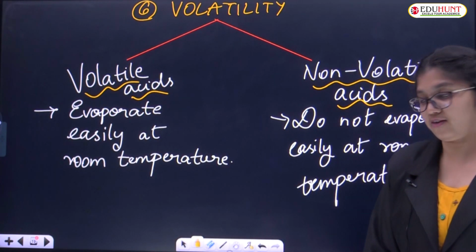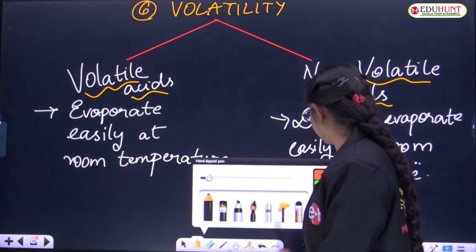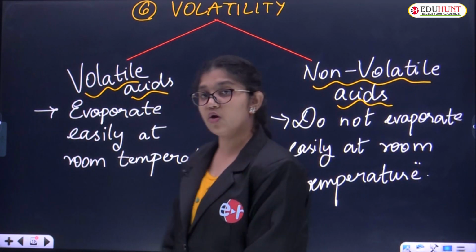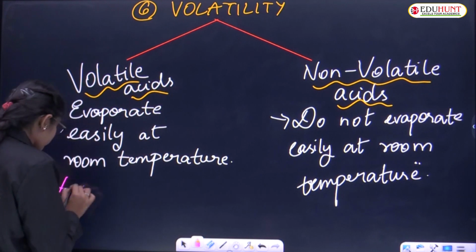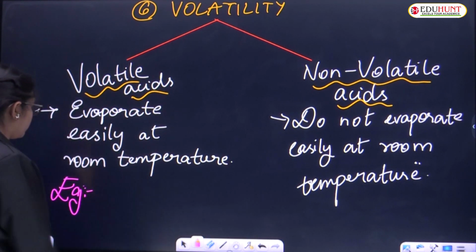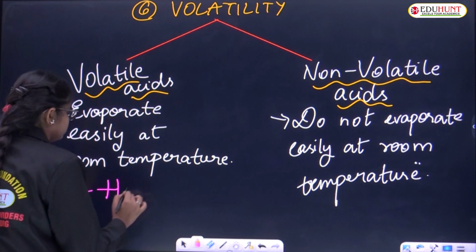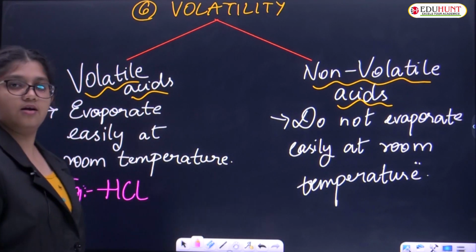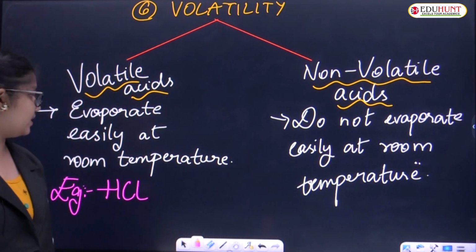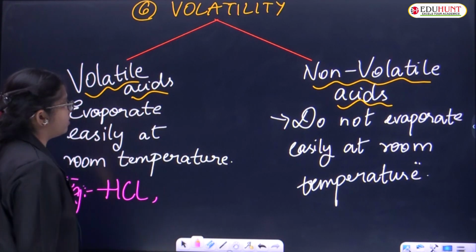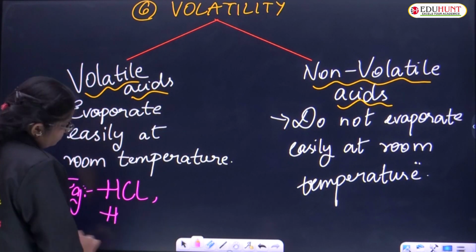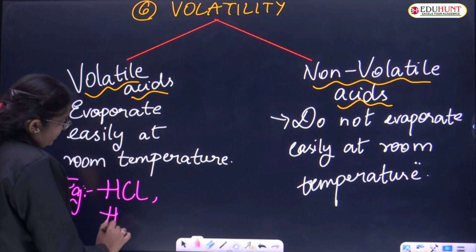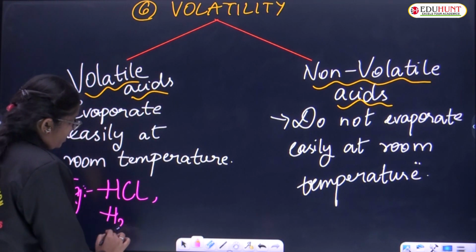Here we go with examples of volatile and non-volatile acids. These examples include HCl, hydrochloric acid, and one more, let's say H2CO3.